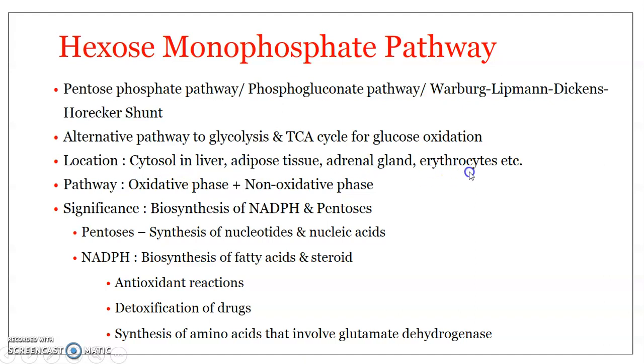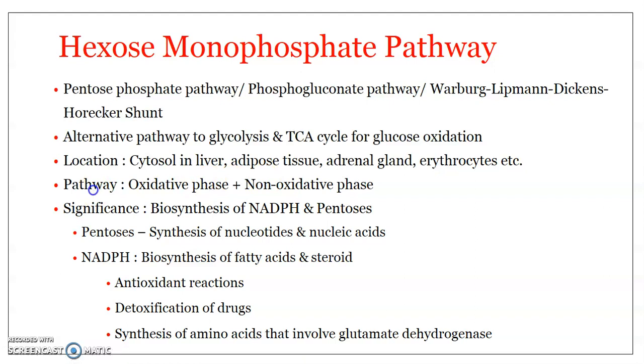You can see it in the lactating mammary glands, thyroid gland, erythrocytes, eye lens, and such organs. But this pathway is not found operating in non-lactating mammary glands and skeletal muscles, right?